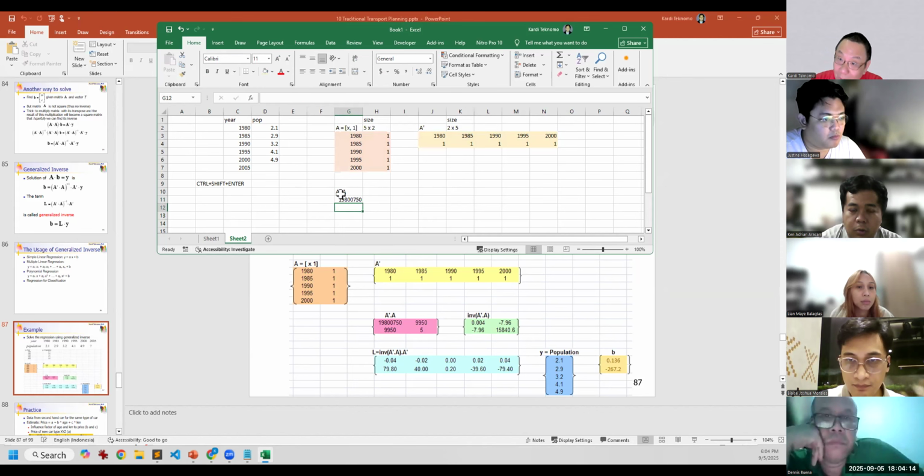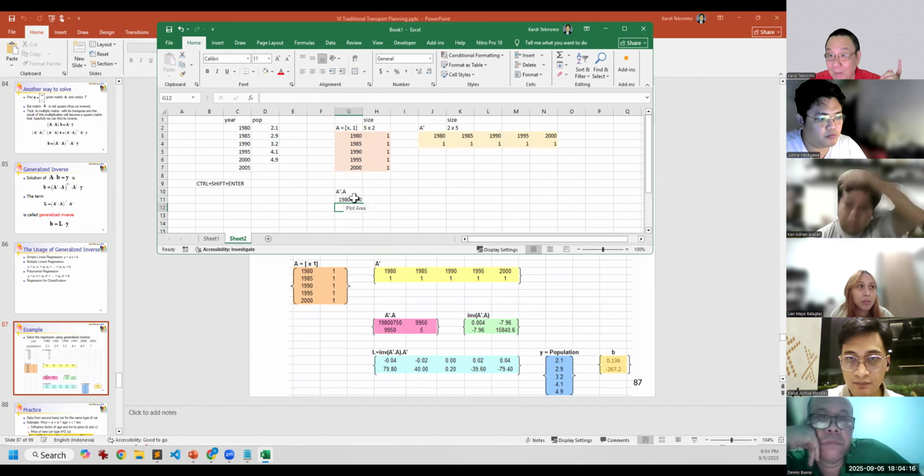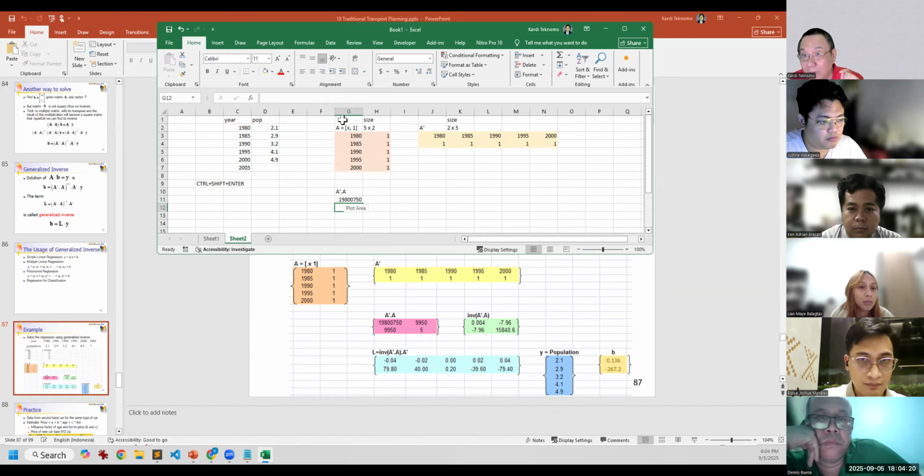But this is only one number. A transpose is 2 times 5. A is 5 times 2.